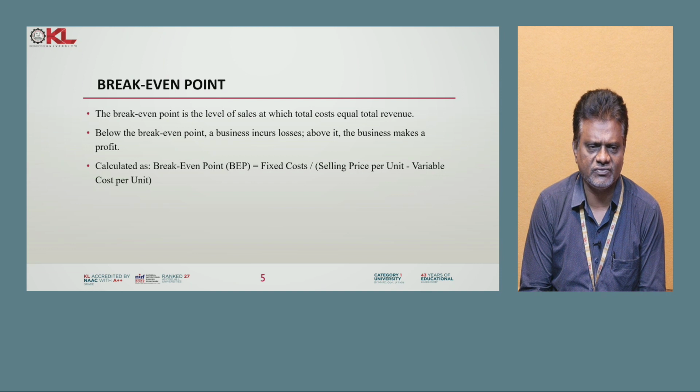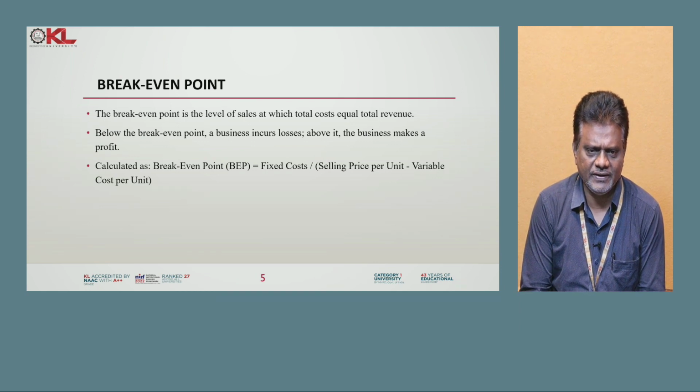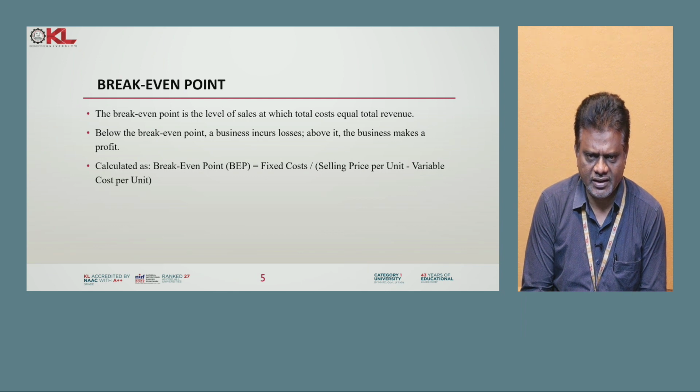Next is how to calculate the break even point, generally shortened as BEP. It is the fixed cost divided by the selling price per unit minus the variable cost per unit. All those things are required to calculate the break even point. My dear students, you need to know the materials, activities, and components involved. Fixed cost divided by selling price per unit minus variable cost per unit.